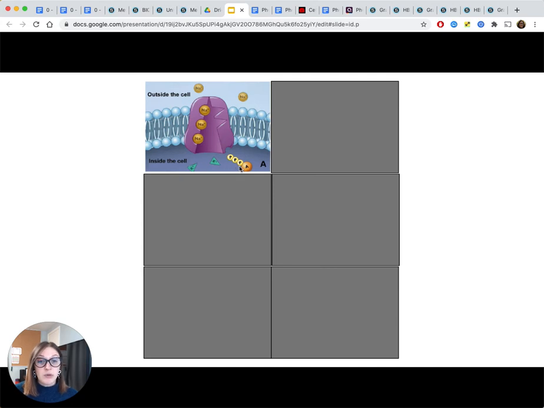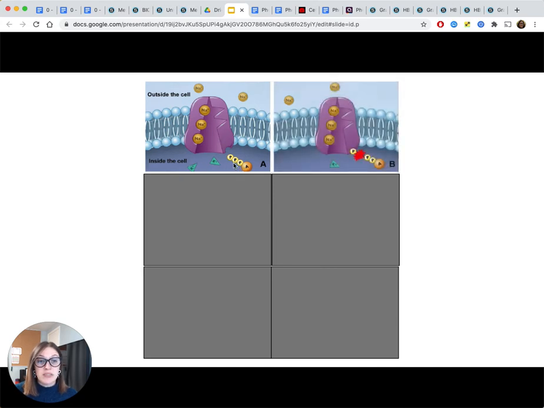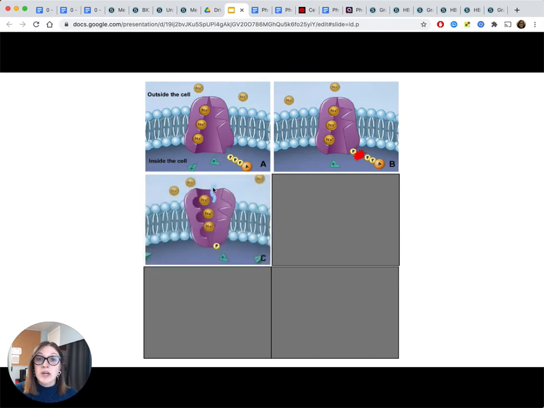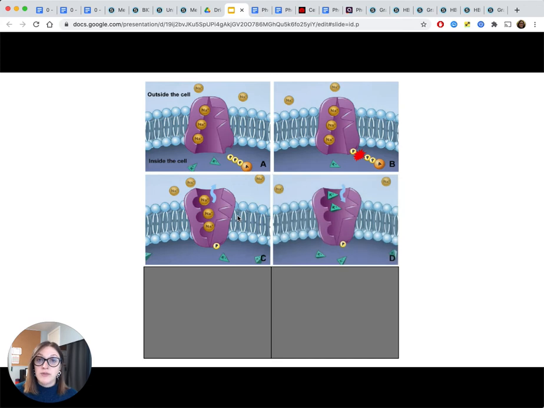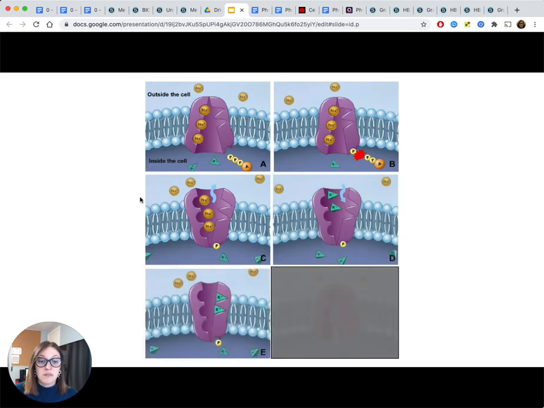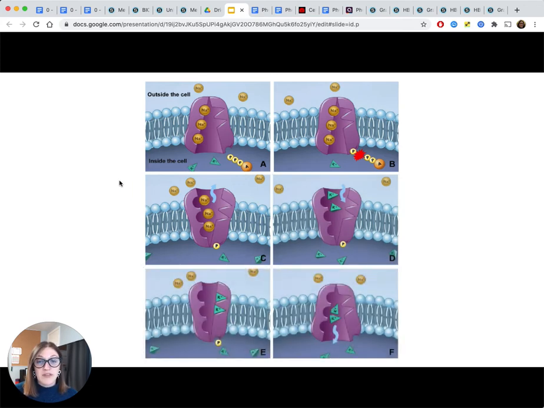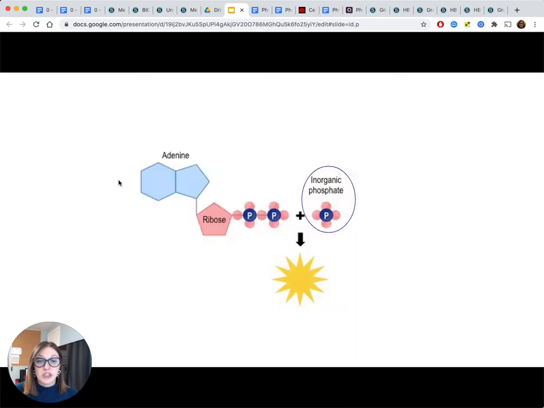In this example, we see ATP will bond to the sodium-potassium pump. The bond will break between the 2nd and the 3rd phosphate, and that process releases energy, which allows the shape of the pump channel to change, thus allowing the molecules to move against their gradients in and out of the cell. So that is one of many examples of how ATP is used in your cell for energy.